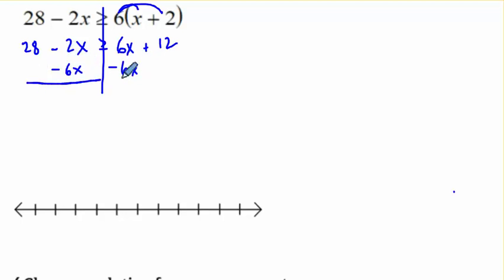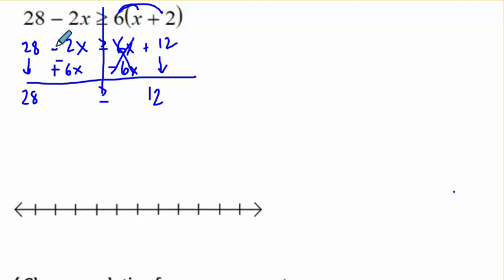So when I do that, these cancel out, and the only thing that's left on the right side of my inequality is 12. Over here, the 28 is just hanging out, but I've got some work to do here, okay? I have a minus 2x and I'm subtracting 6x, which means I'm going to need to leave, change, opposite.